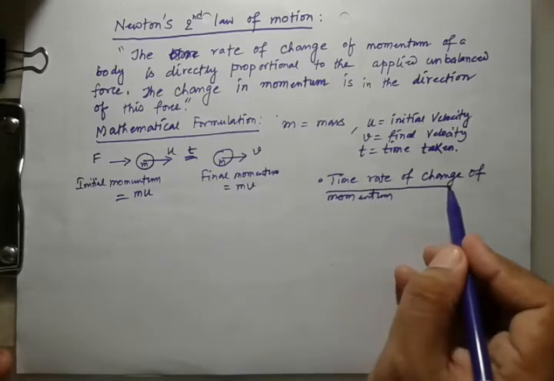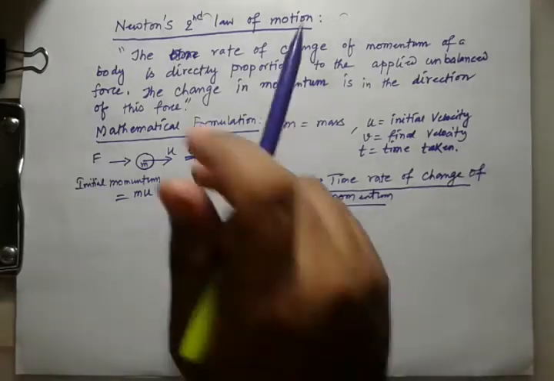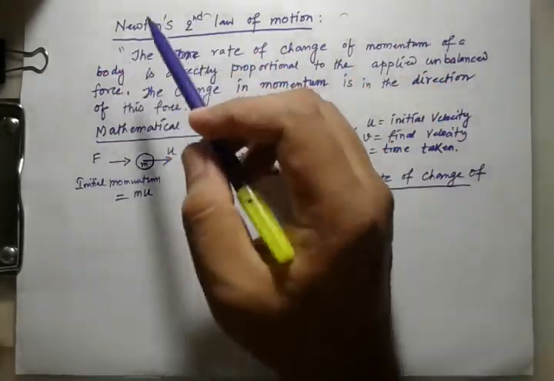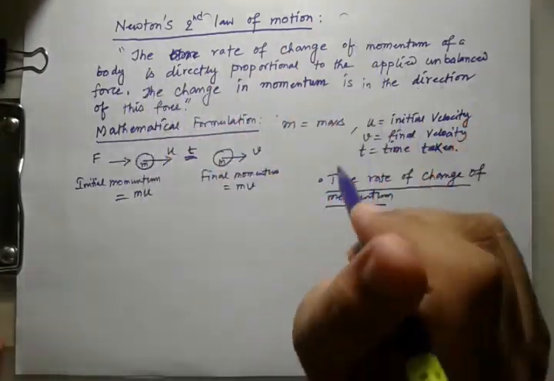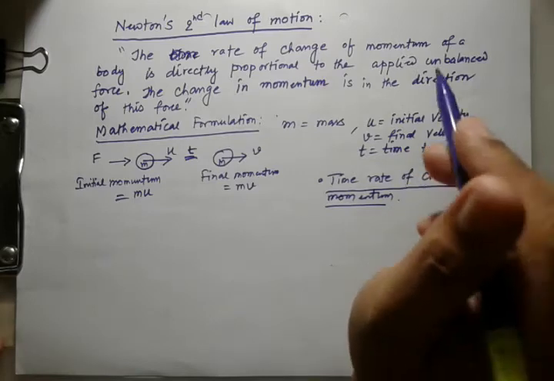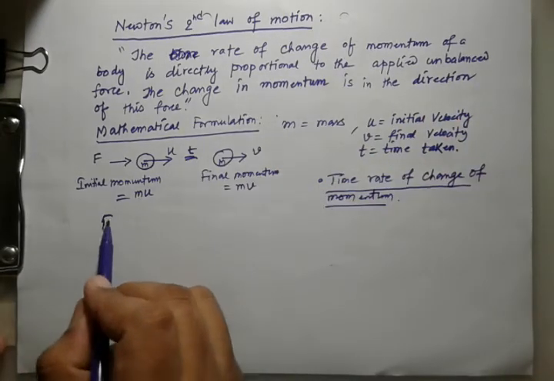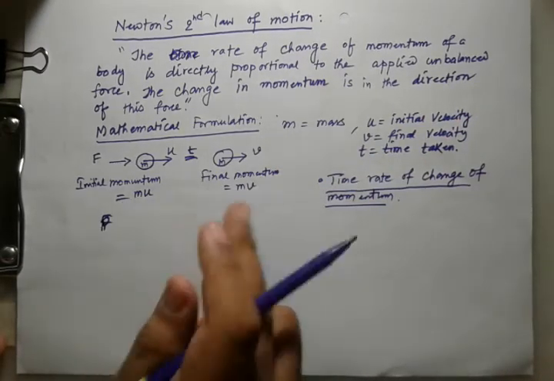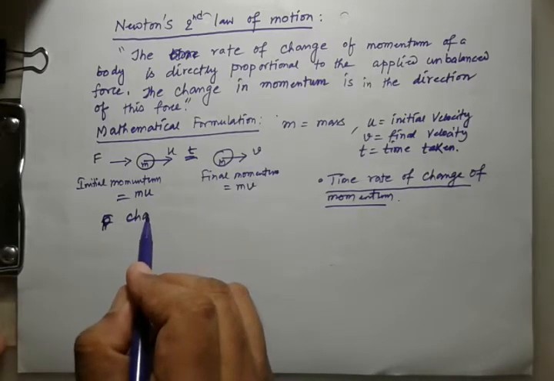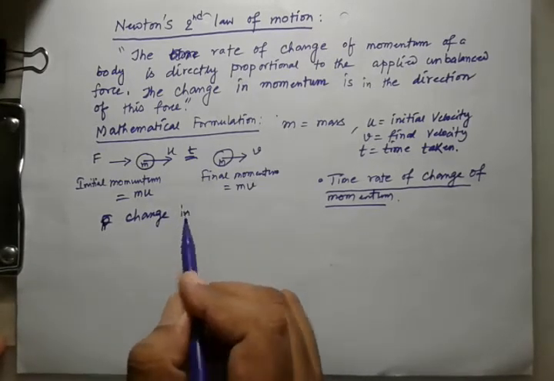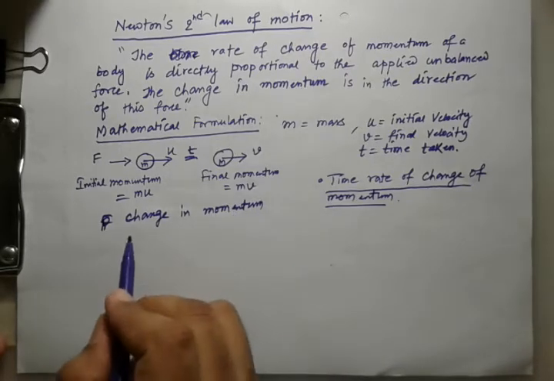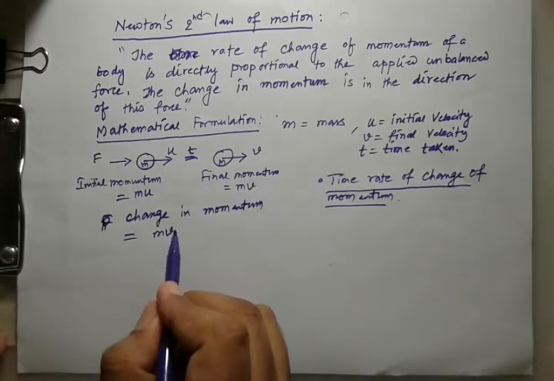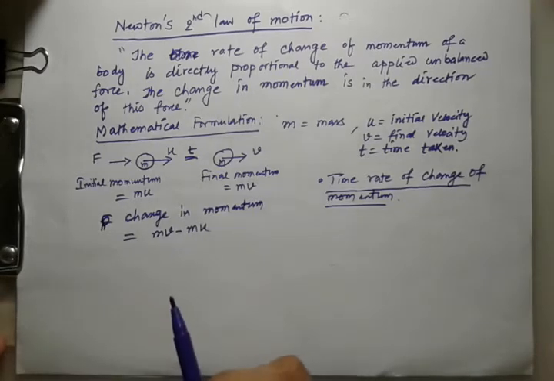When you write the definition, you have to write it this way because it was said by Sir Isaac Newton and it is a quotation, so you cannot change anything. What is the change in momentum? The change in momentum is equal to mv minus mu.